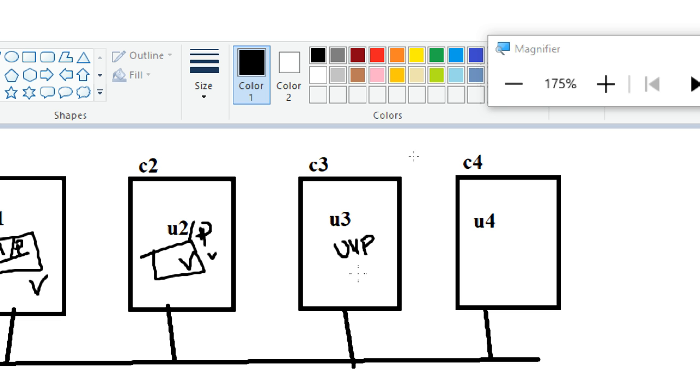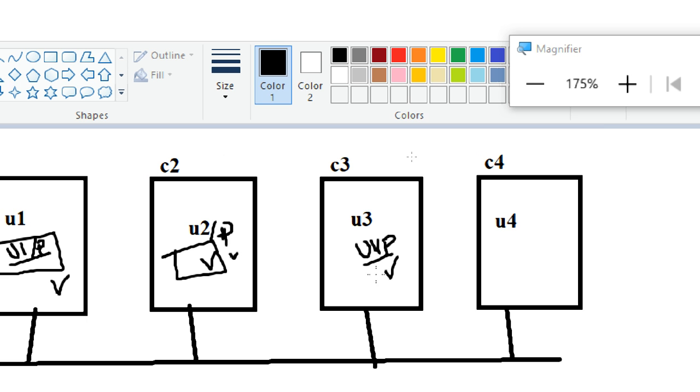Why? Because this information is not stored in the C3 PC, so a user cannot log into another PC.